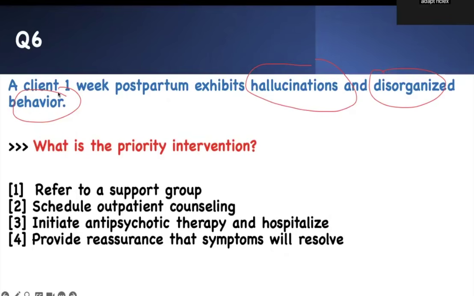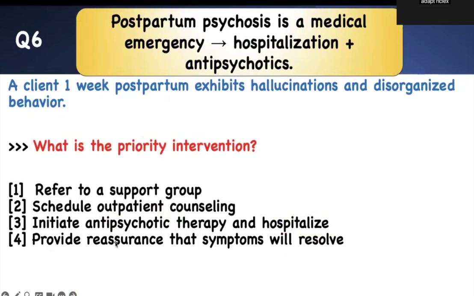Provide reassurance that the symptoms will resolve? They are not going to resolve. They need rehabilitation, inpatient, for psychosis. Therefore, what is your right answer? As we said, underline it and pay attention to it. Hospitalization, antipsychotic. Number 3 is the right answer.